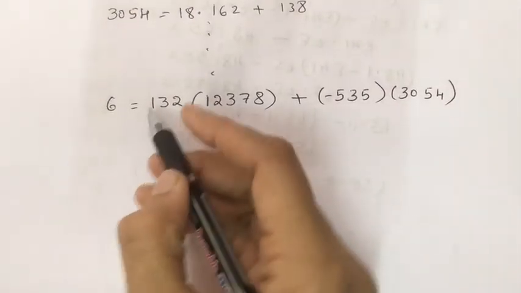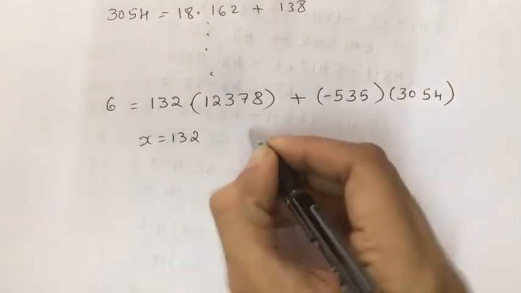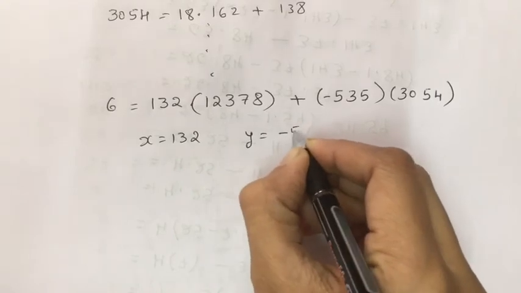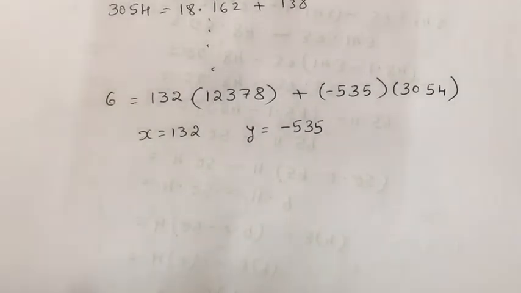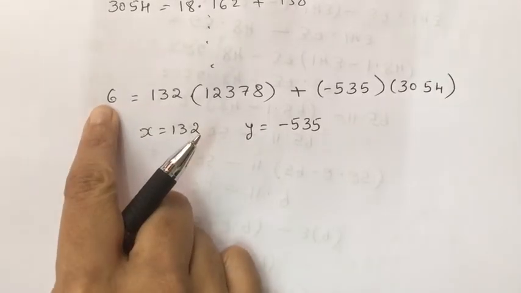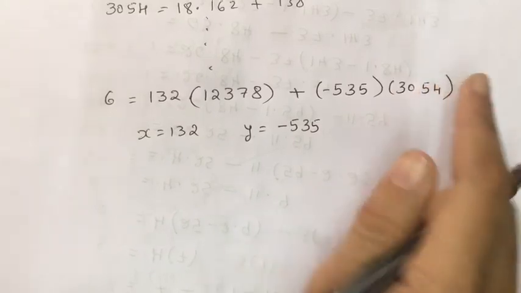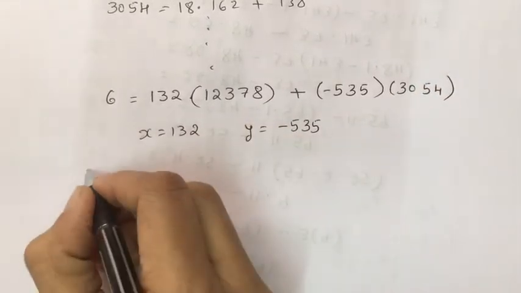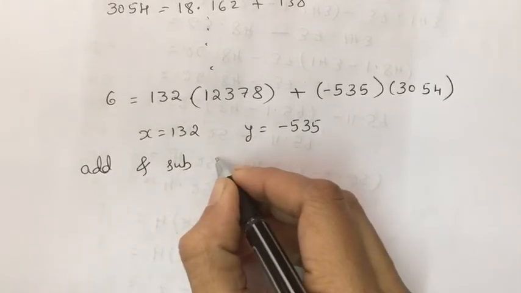So I'm getting the value of x as 132 and y as minus 535. Once again I'm telling you, this is not the only way to express 6 as a linear combination of these two numbers. We can add and subtract, say, 3054 and 12,378.